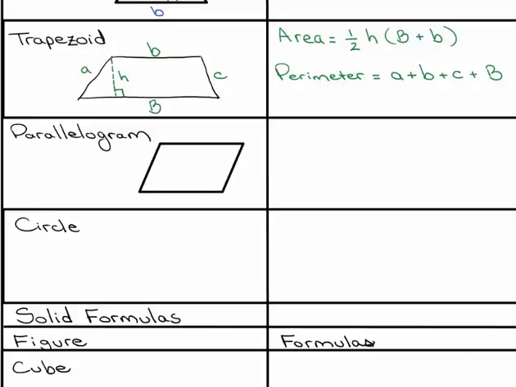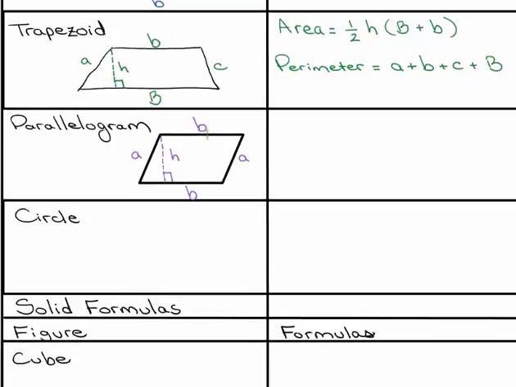Once again, you're going to see me draw a dashed line here from the top to the bottom and make it perpendicular to the base. I'm going to call that H. I'm going to call the top and bottom B, B, and then this side A, A.